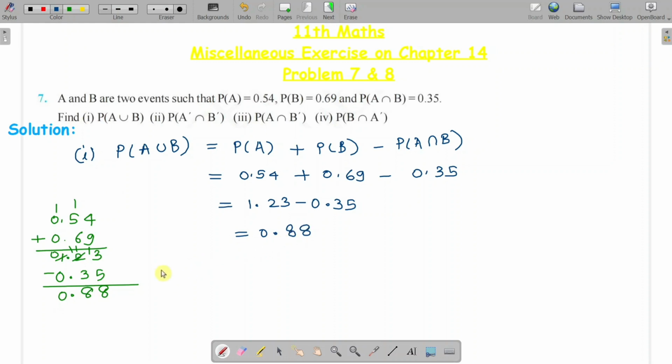Okay, so now second, let us see, that is P(A complement intersection B complement). So here what we can do is use De Morgan's formula. So P(A complement intersection B complement) is (A union B) the whole complement. So this is by De Morgan's law.